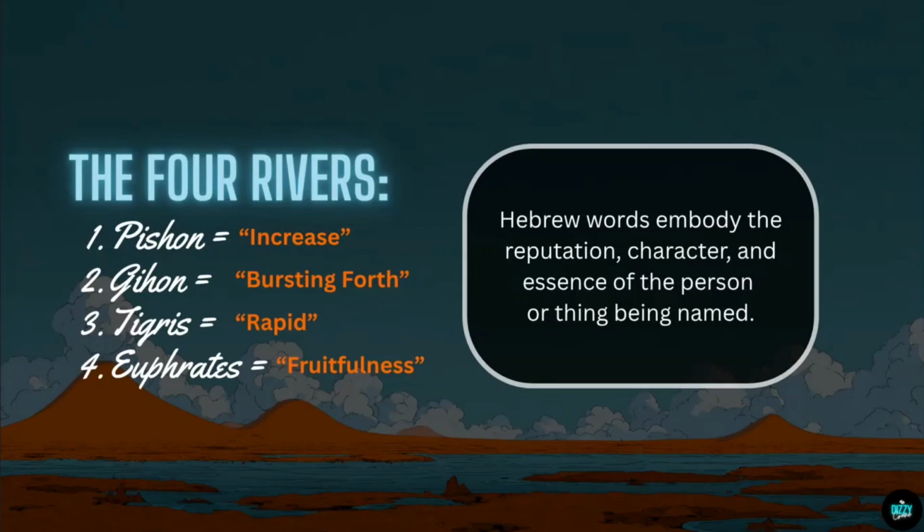So the first river, the Pishon, means increase. The Gihon means bursting forth. The Tigris means rapid. And the Euphrates means fruitfulness. So we have increase, bursting forth, rapid, and fruitfulness.